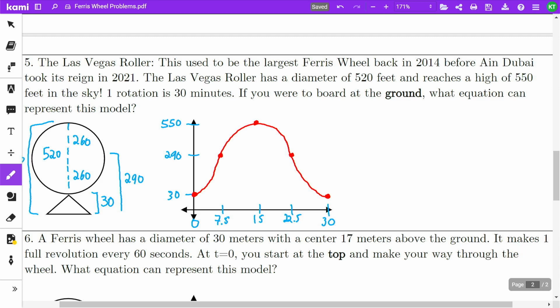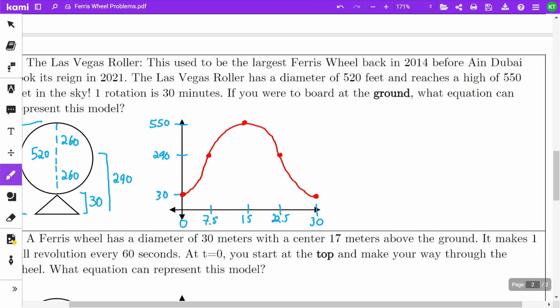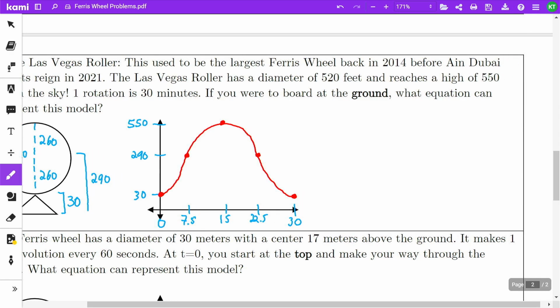So I'm going to take this information and go ahead and do an equation to represent this model. So if our midline here, we can draw that in. If our midline is there, we're starting below our midline, which means this is not going to be a sine function or sine equation. This is going to be a cosine equation because cosines start either at the top or at the bottom.